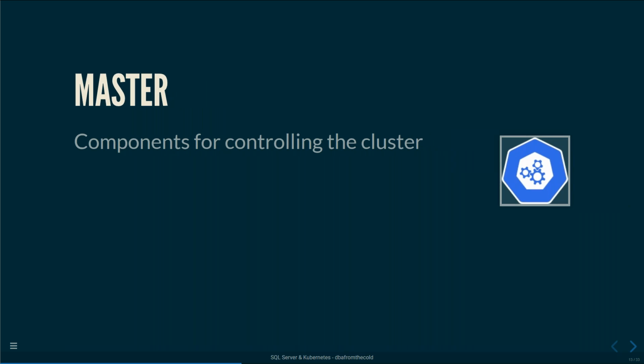Now, the master node is what holds all the components for controlling and managing the cluster. So it has things like the Kube API server. This exposes the Kubernetes API and processes REST operations. Everything in Kubernetes is represented by a RESTful resource. We call them the Kubernetes objects. They live in the cluster store, and each one of those objects has a unique HTTP path.